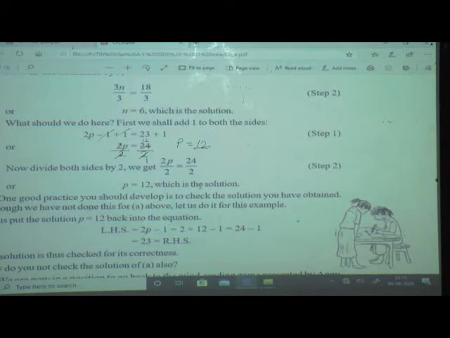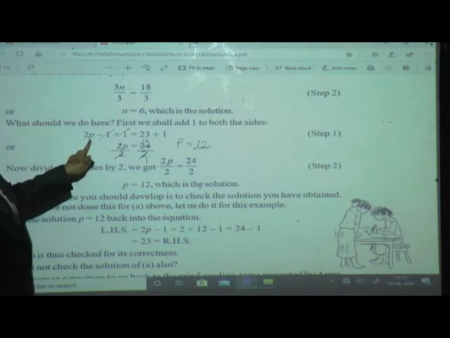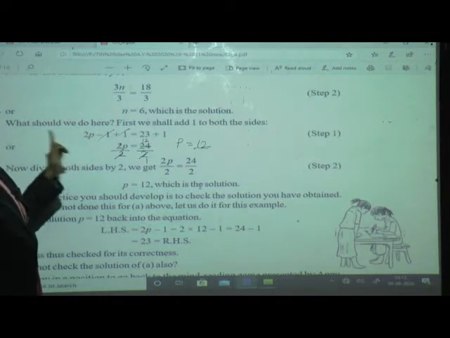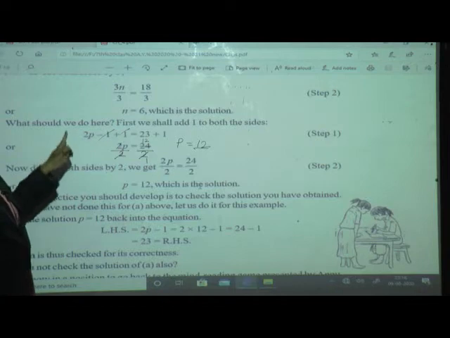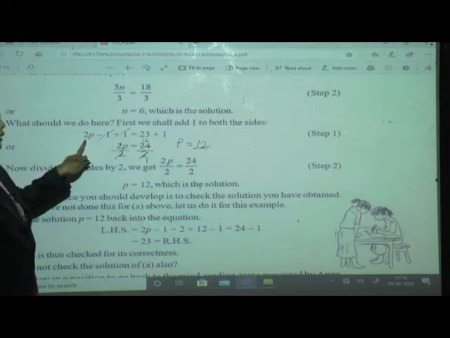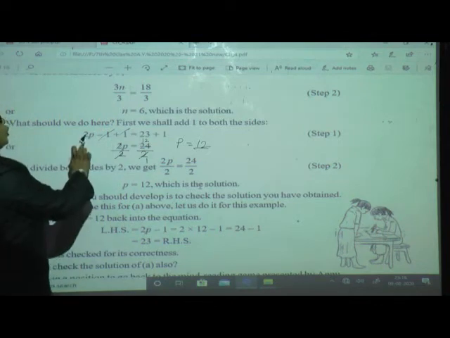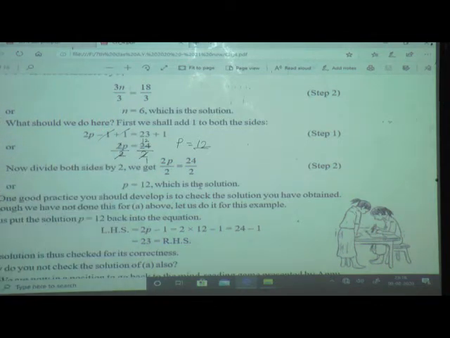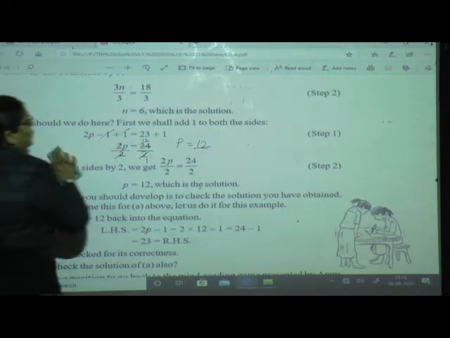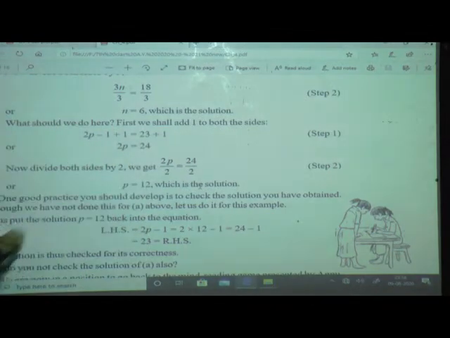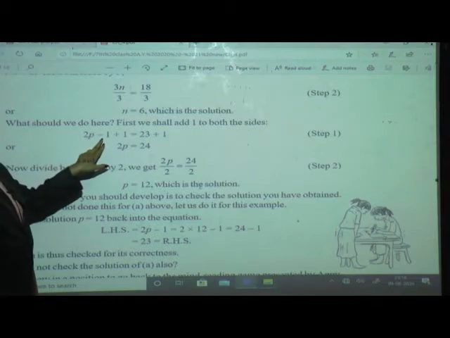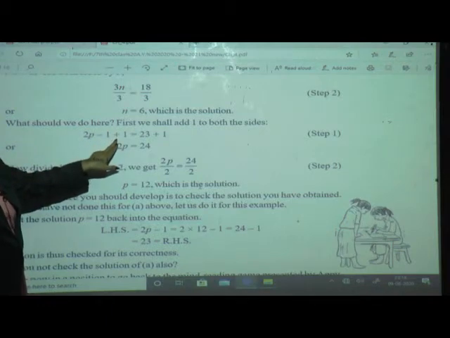If we are getting p is equal to 12, and if you want to check the answer, you have to write it in the given equation. Substitute the value of p here in the given equation, 2p minus 1 is equal to 23, and you can check your answer, whether the value of p is correct or not. In this way, step by step, when it is given as a subtraction, add the same number.